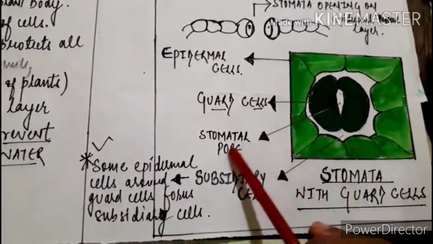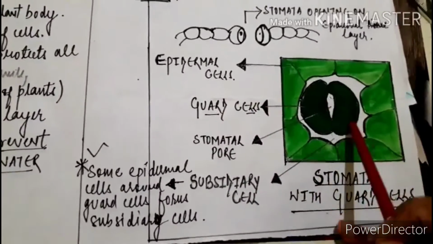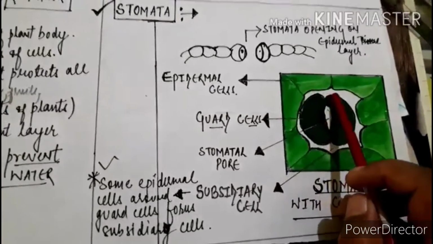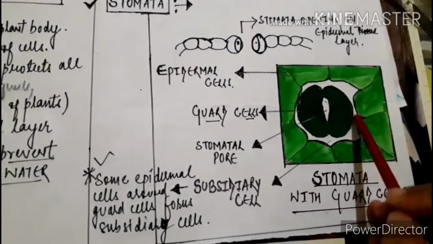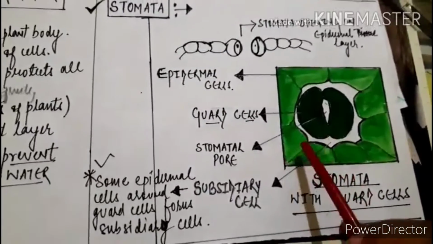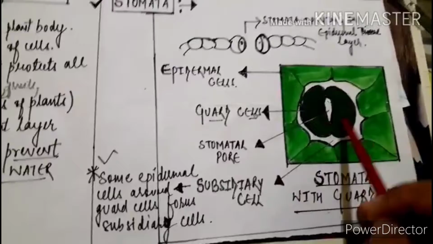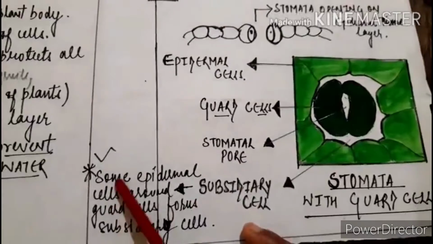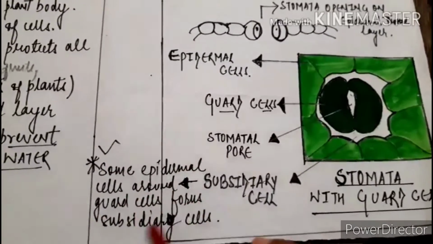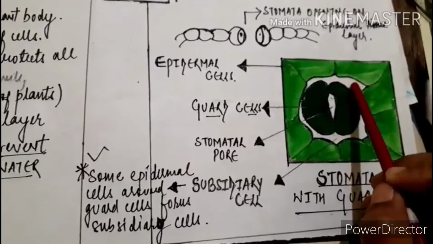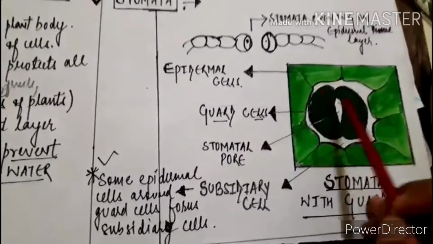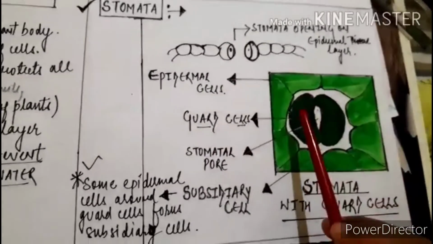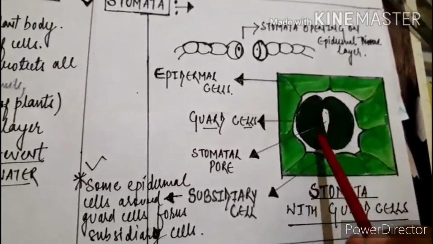Okay, this is the stomatal pore, these two kidney shaped cells are guard cells, and some of the epidermal cells, which are surrounding these stomatal pores, you can see the green and white part, form subsidiary cells. These subsidiary cells are epidermal cells around the guard cells. They help these guard cells.